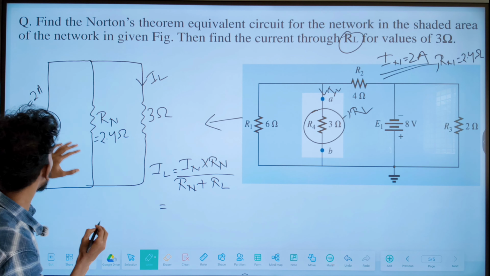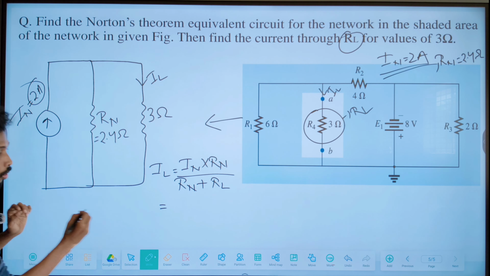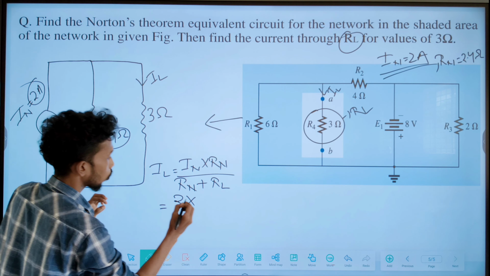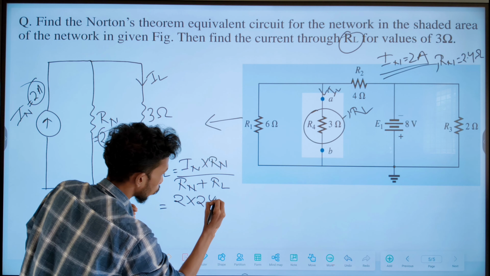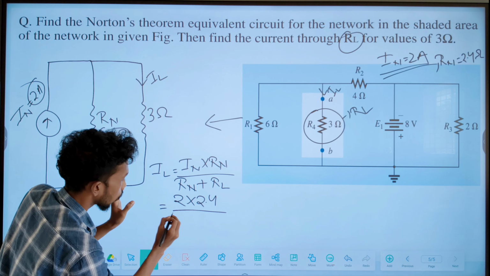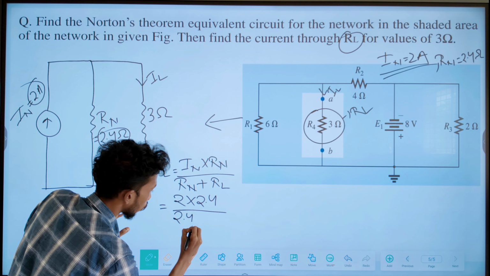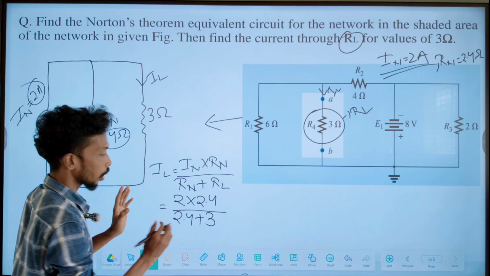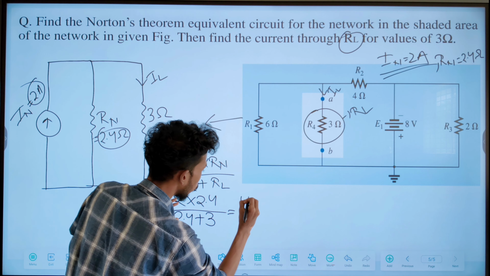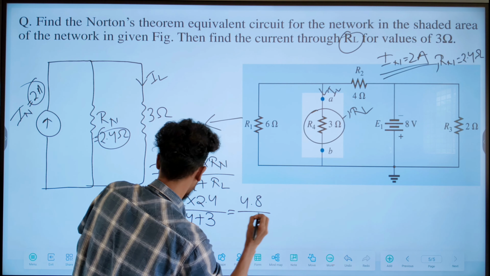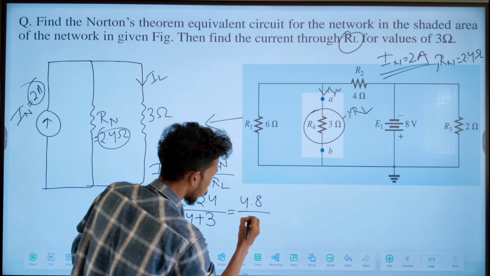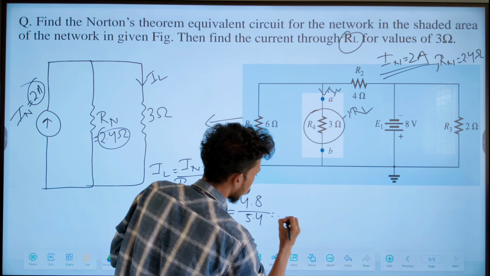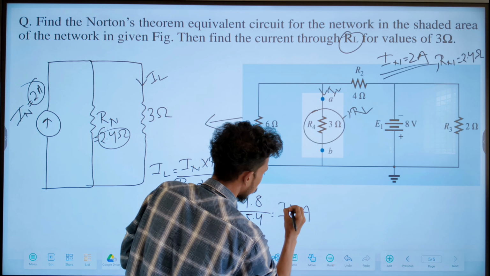So IN value is 2 ampere, so 2 multiplied by RN value 2.4 ohm, so 2.4 divided by RN value 2.4 and RL value 3. So if we solve this, it becomes 4.8 divided by 3 plus 2.4, that is 5.4. And if we solve this, it will come to some ampere, and this is our IL.